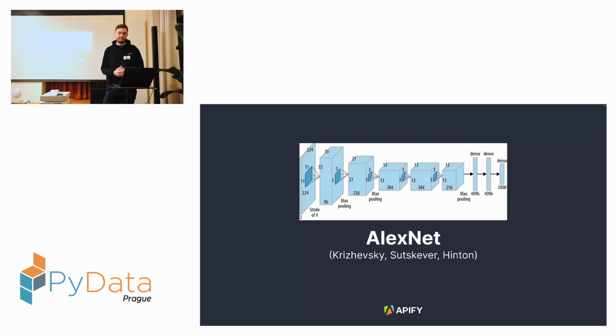The second guy is Ilya Sutskever, who is a former chief AI scientist at OpenAI. And the last author is Geoffrey Hinton, who is a receiver of the Turing Award, and he was PhD advisor of Alex Krizhevsky. So all of these people are nowadays considered very relevant in the machine learning field.